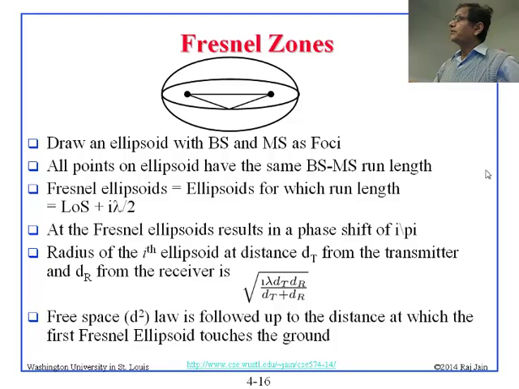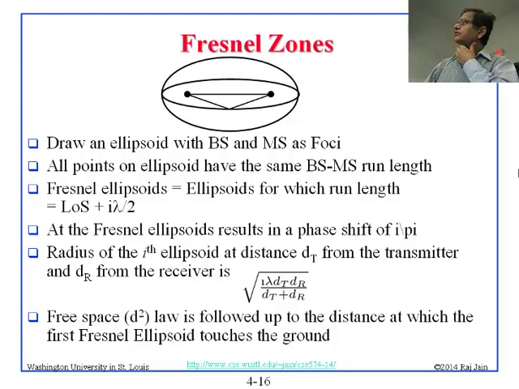Maybe it is because of the atmosphere or something like that. But anyway, the idea is that if you draw an ellipse with the focal points at these two points, you know how to draw an ellipse? Some of you might have done this exercise in high school. If you have to draw an ellipse, you take a thread and put a pencil right here, and then you just go around. You get an ellipse, right?